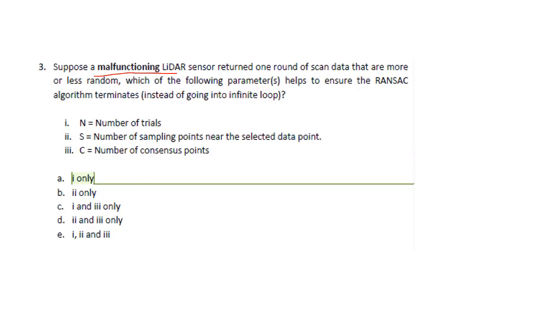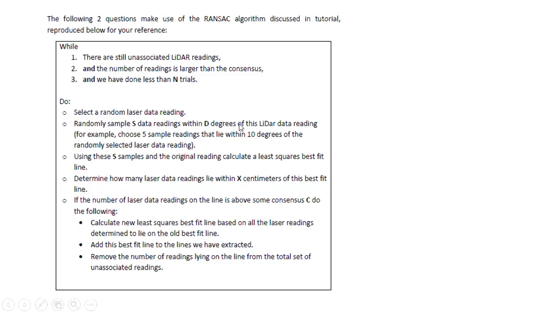Now, when you say infinite loop, that means you do not want it to keep on scanning indefinitely, correct? If you remember the RANSAC algorithm, what does it do? This is a while loop.